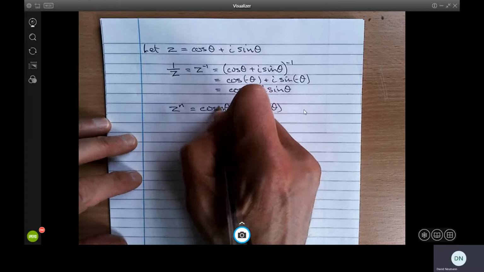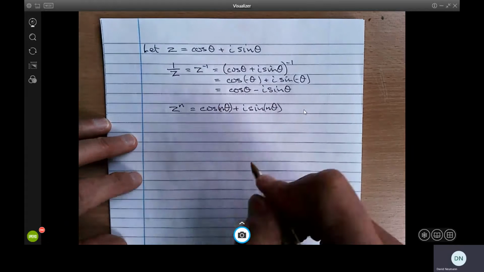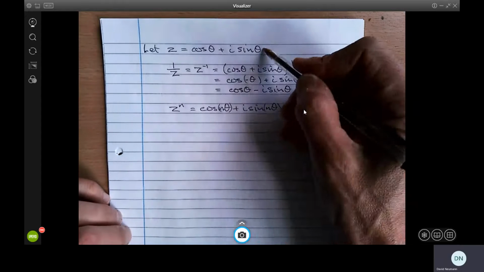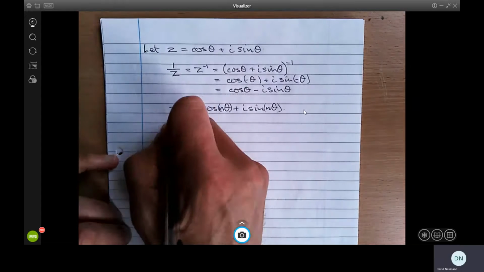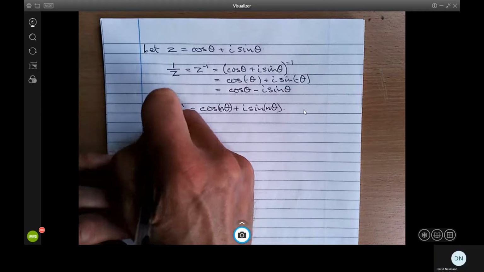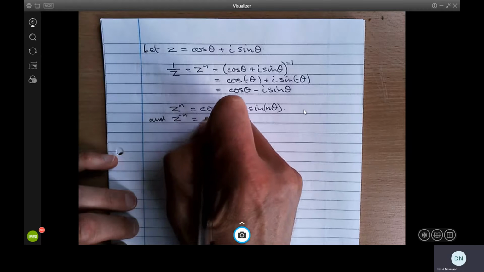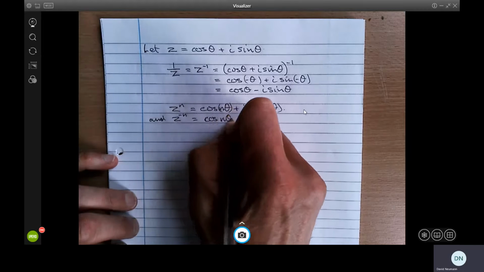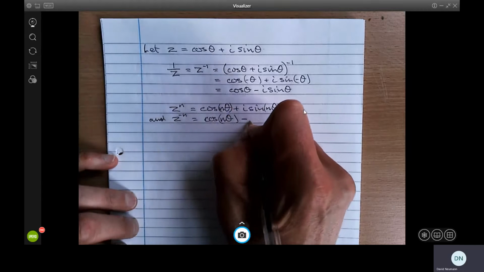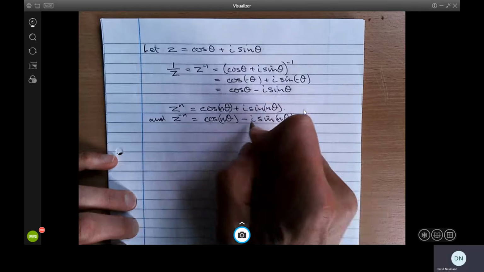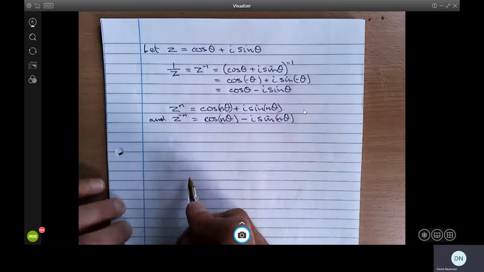Let's put brackets around the n theta. That's what de Moivre's theorem tells us, that this to the power of n is this. And Z to the minus n is equal to cos(n theta) minus i sine(n theta). We get to this by a similar method to this.